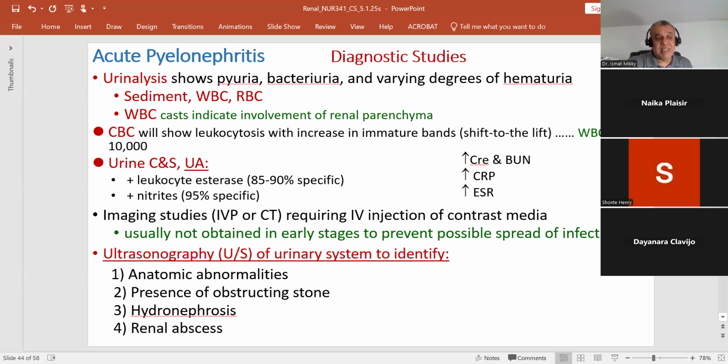And the second one, you will also be looking for nitrite, for acute pyelonephritis and all other types of UTIs. Either upper or lower UTI, you'll find 2 things present in urine: leukocyte esterase and white blood cells. Number 2, nitrite, is 95% specific for diagnosing patients with UTI.